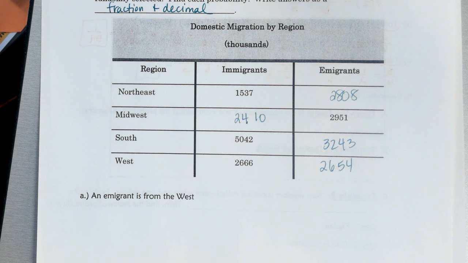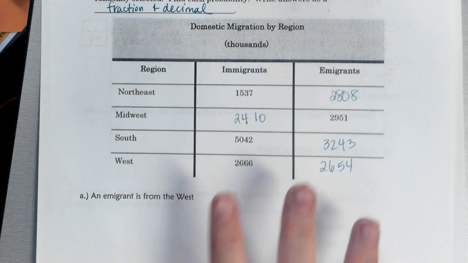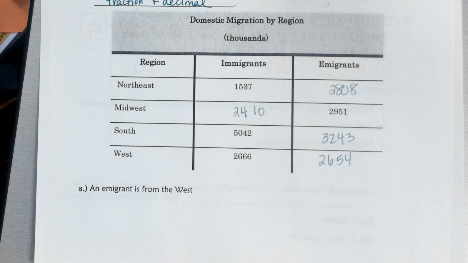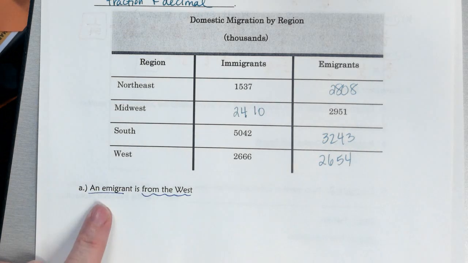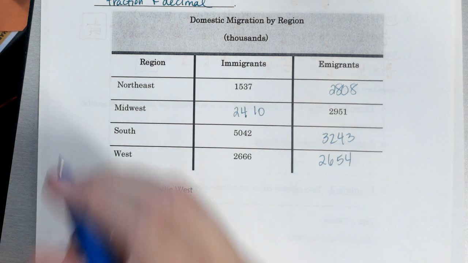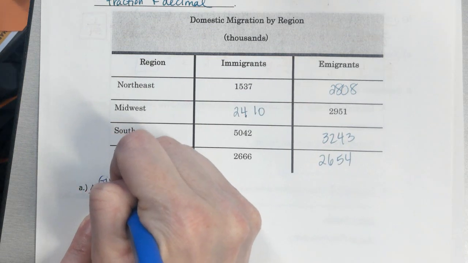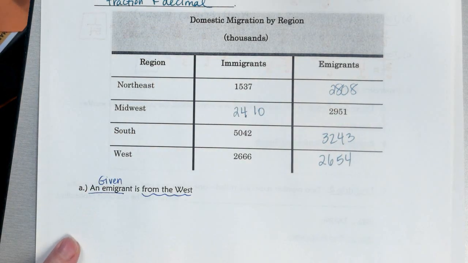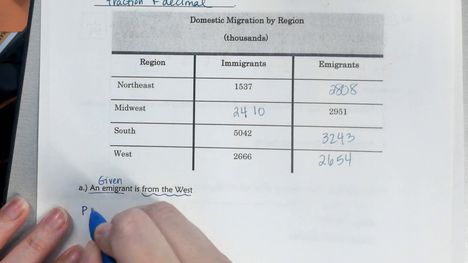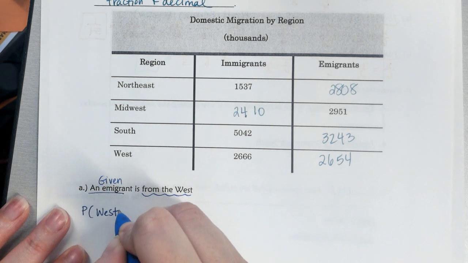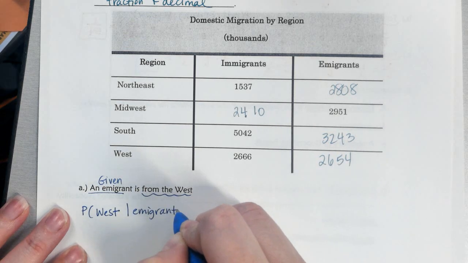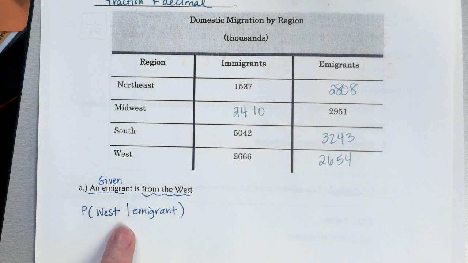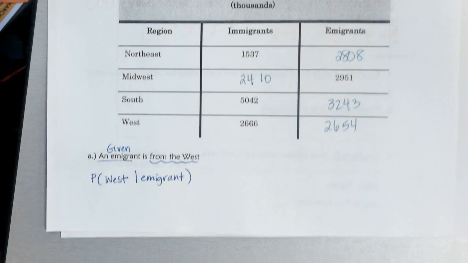Okay? So the first one we're going to look at says an immigrant is from the West. So what this means is you are given that they are an immigrant, and you're finding the probability that they're from the West, given that they are an immigrant. So that's the symbol for given, okay?